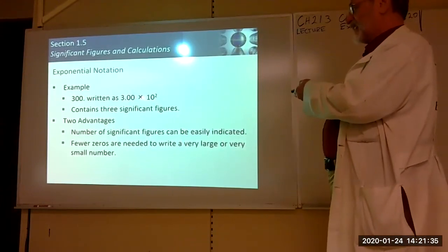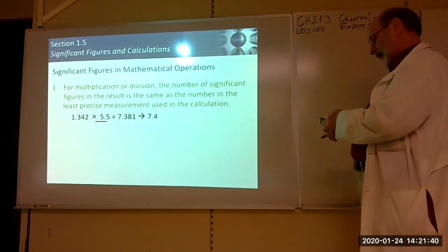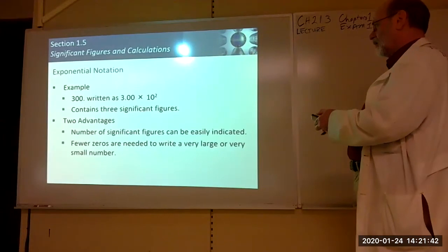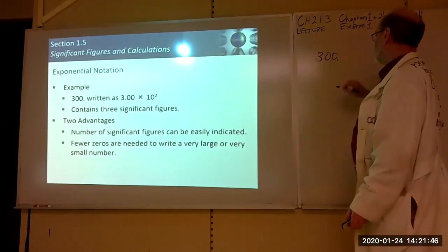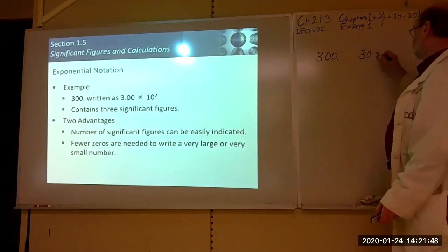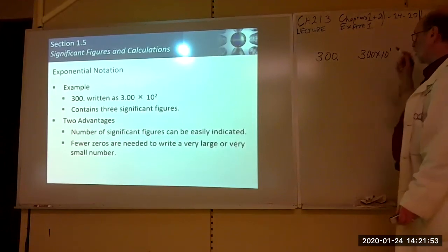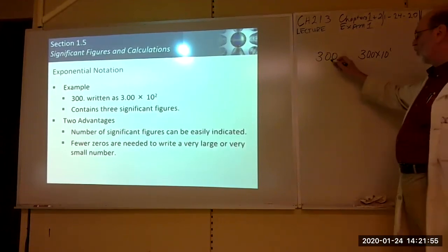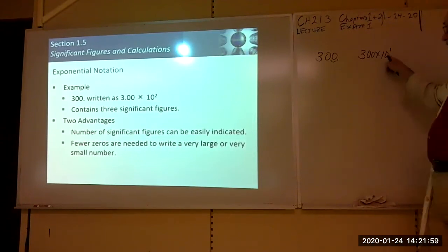This number could be anything. A valid exponential notation for 300 could be 30 times 10 to the first. You just move this over 1, store that 10s over here, and it's 30.